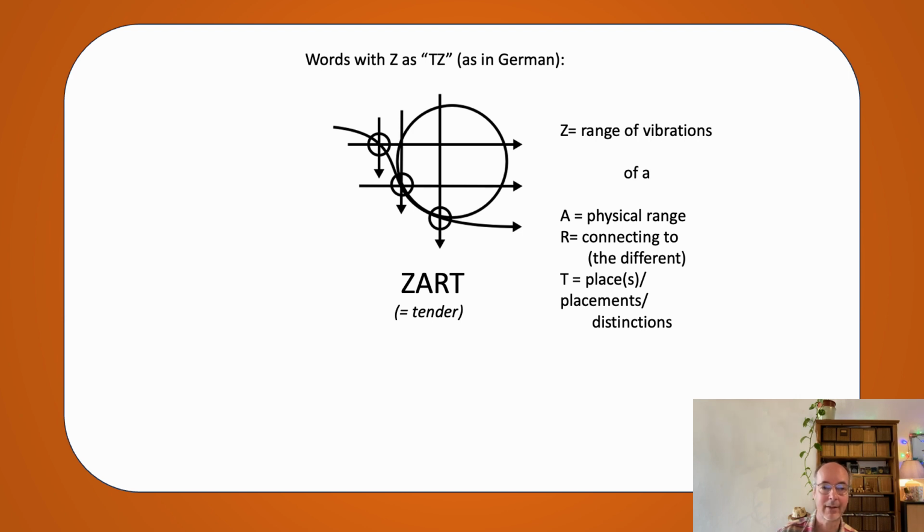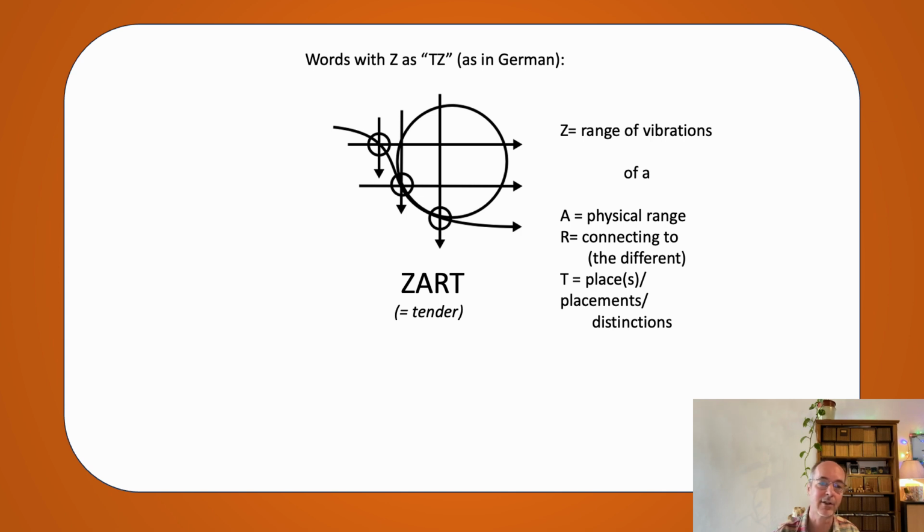And here you can see this range of vibrations with the A into a physical range that are connected via the R's at these places, and also via the T, the places or the placements or distinctions as well. So you have this distinction over a whole range of vibrations.